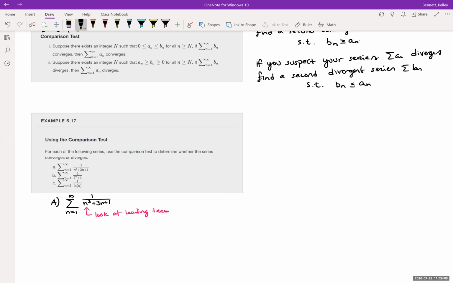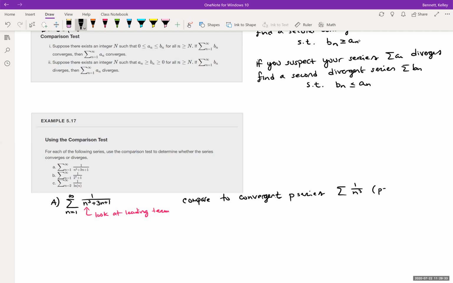So I'm going to suspect that because my leading term is cubed, this is going to behave a lot like a p-series with p equals 3, which is convergent. So I want to compare this to a convergent p-series 1 over n cubed, right?